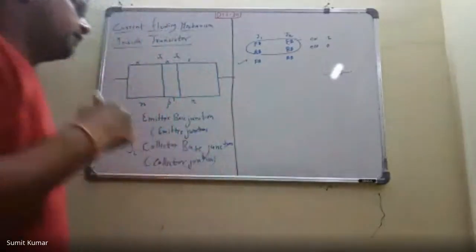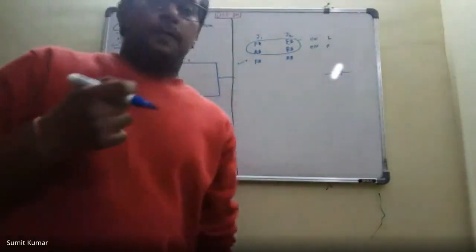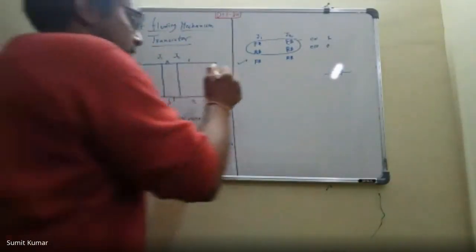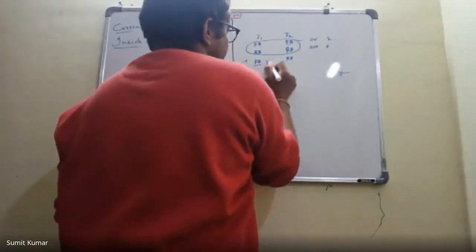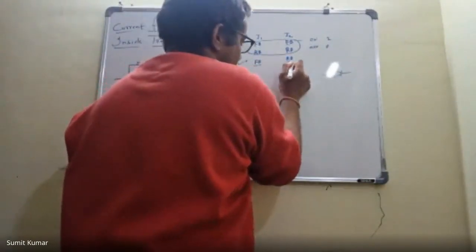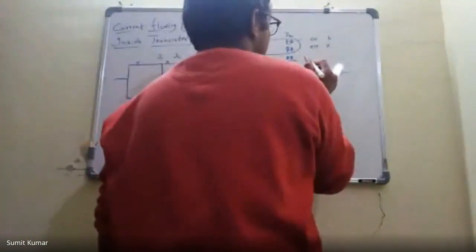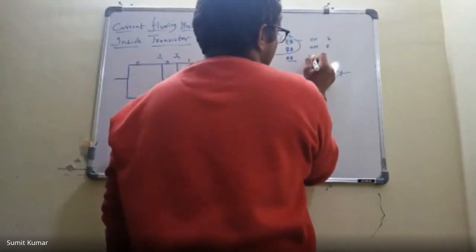So we are interested in this state. For the general purpose use, the transistor is used as an amplifier. So in this configuration, when we are providing forward bias to the junction J1 and reverse bias to the junction J2, then what we are essentially doing is using the transistor as an amplifier.